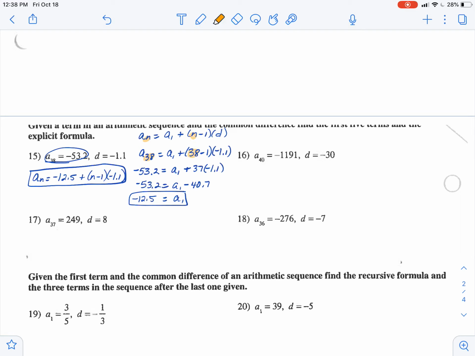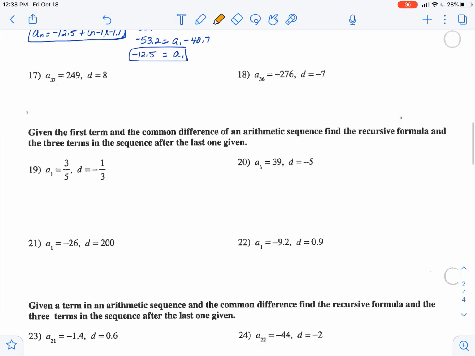It also goes here, okay? And then times your difference. Find your a sub 1, and then you can go back in and write your formula. And again, if you're checking with your answer key, I think there's a good chance they went ahead and multiplied it out for your answer key. Okay? So that's how you're going to do that set.